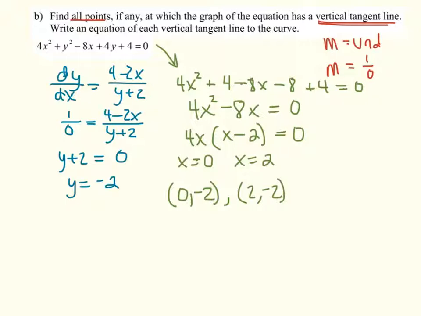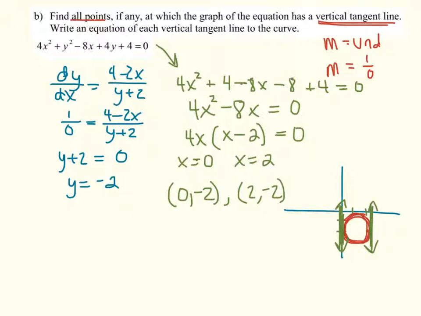Okay, so visually, if I wanted to take a look at this again, what does this look like? All right, so here I can plot these 2 points. (0, negative 2) would be here, and (2, negative 2) would be here. So again, we can envision our graph probably being something pretty circular. And so our vertical tangent lines are going to be here and here at those points.